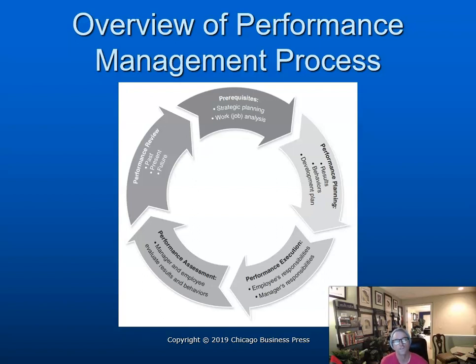The slide in front of you is quite typical of a performance management process. The term process means that there's a series of steps. This one indicates there's 5. And there's certain subsets in each one, but there's basically 5 steps that we have to go through in order to perform the performance management process.